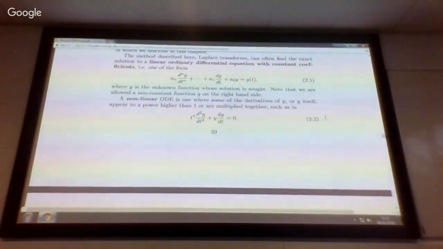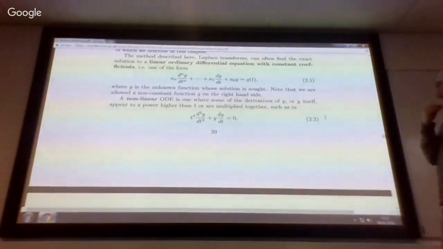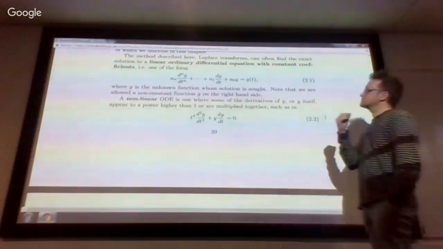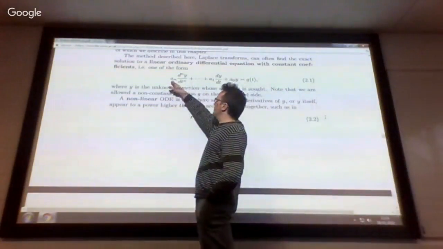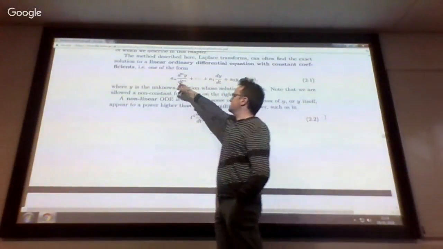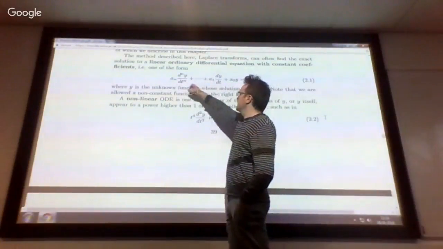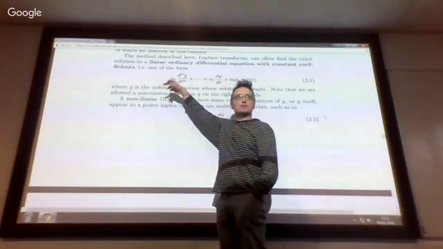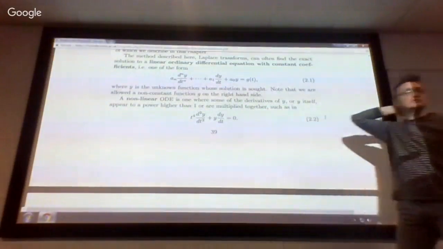Now, the particular class of differential equations we're going to be looking at are so-called linear ordinary differential equations with constant coefficients. That means a few things. Constant coefficients are easy enough to describe. The coefficients a_i here that are multiplying the unknown function y and its various derivatives, we require to be constants, just fixed numbers.